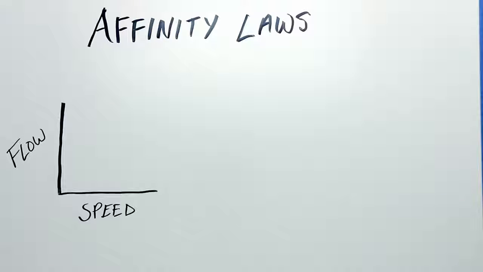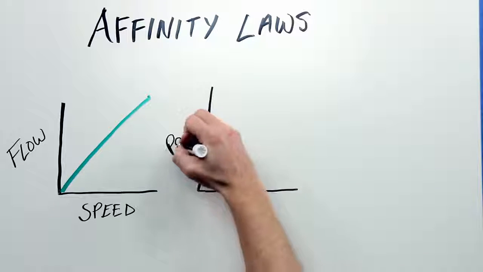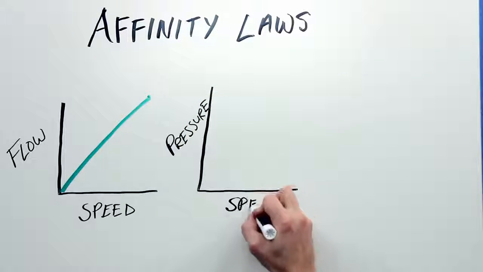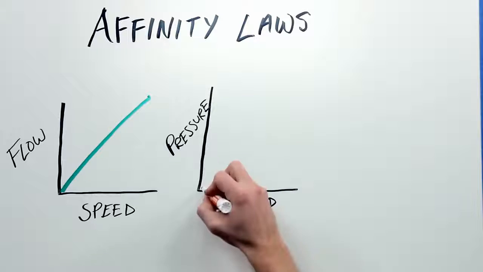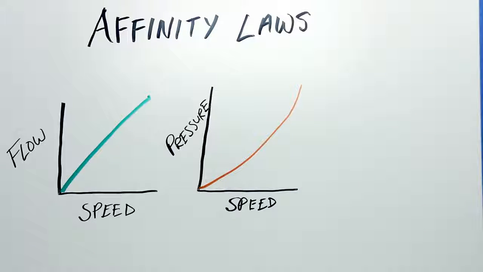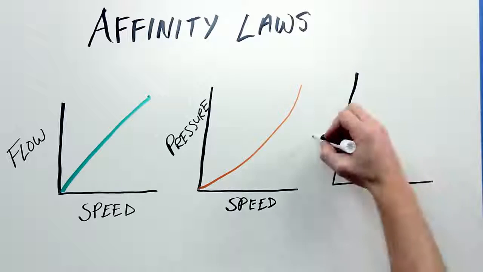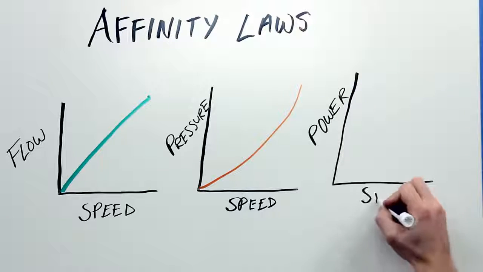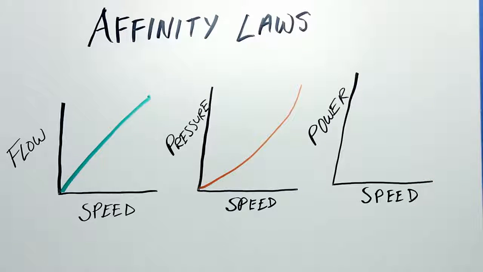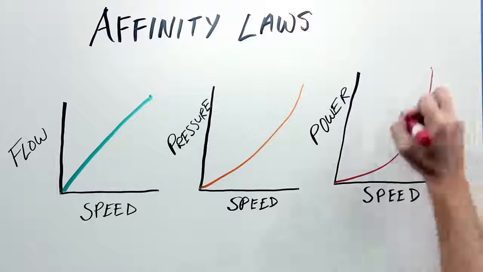So if the pump is running at 50% speed, then the flow of water is 50%. If you compare the speed against the pressure in a pipe or duct, the pressure increases at a rate of the speed squared. If you compare the speed against the power required to move the air or liquid, the power is equal to the speed cubed.